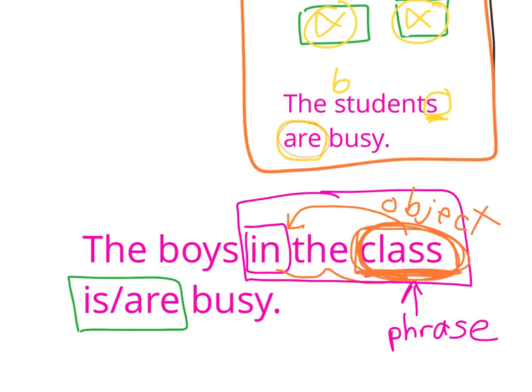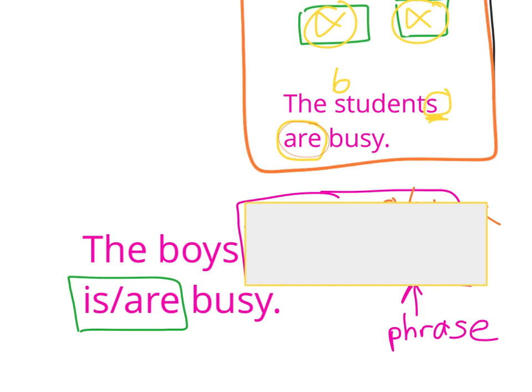So what we really need to do is pretend it's not there. So I'm just going to cover up that whole prepositional phrase. That prepositional phrase is not going to help me answer the question of is or are. So I need to look for another noun that comes before is or are, and I found it. It is this one. It's the boys.